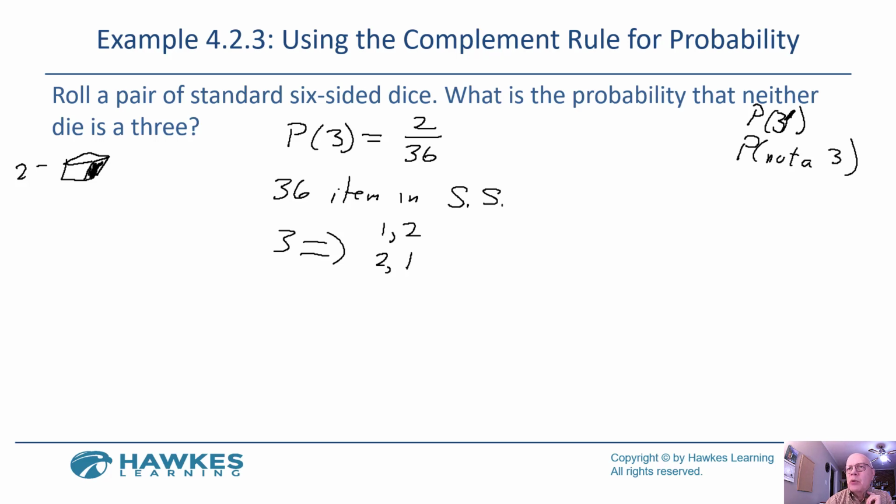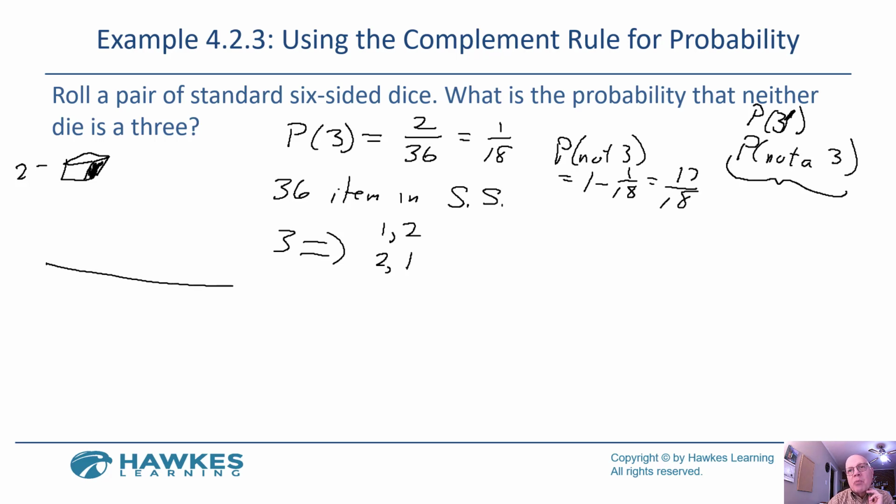But that's not what we wanted exactly. We want the probability that's not a 3. Neither die is a 3. Well, I was looking at it from a different direction. Oh, we'll do this twice. So, probability of not a 3. Then we'll get to the actual question itself. So the probability of a 3 is 1 over 18. The probability not 3 would be 1 minus 1 over 18, or 17/18.